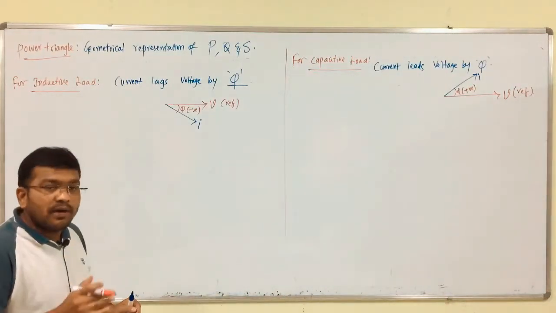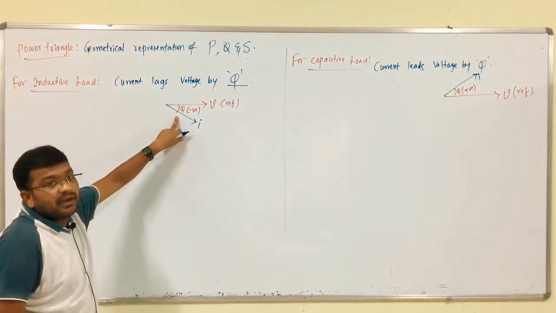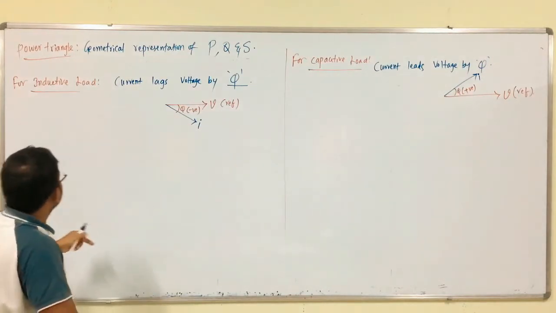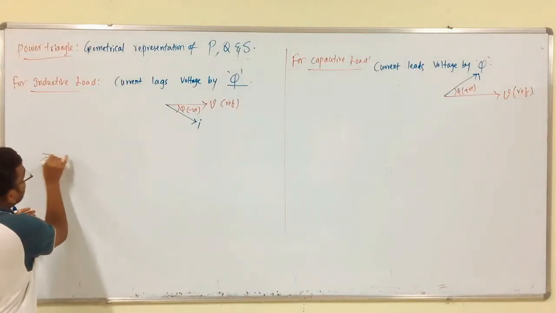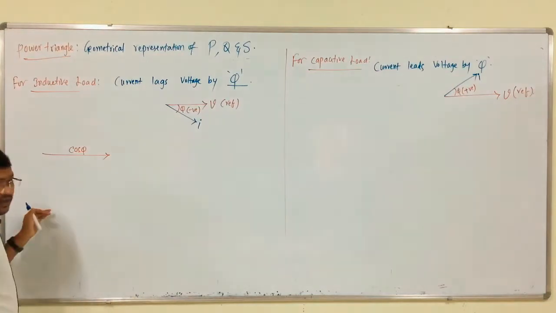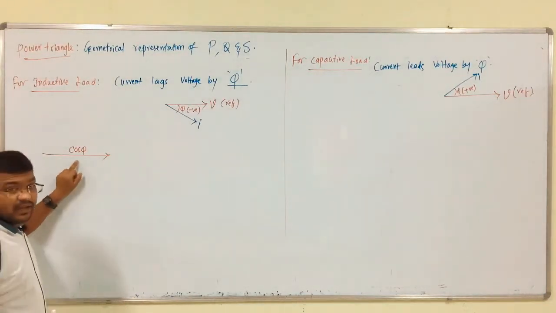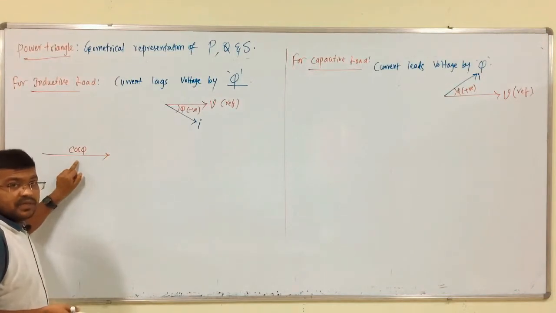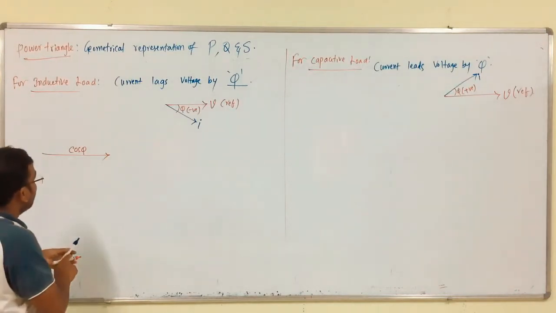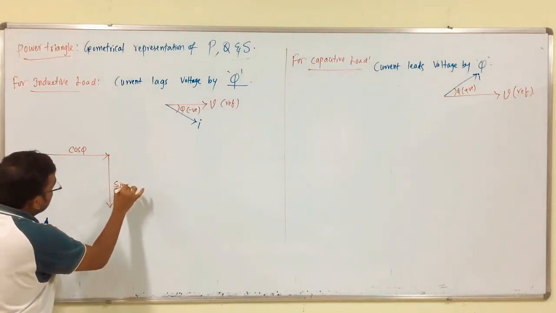Now, we have to draw the power triangle. With respect to this phasor representation, first we draw this, which is nothing but cos phi. What is sin phi? The quadrature representation of this cos phi. So, this is sin phi.